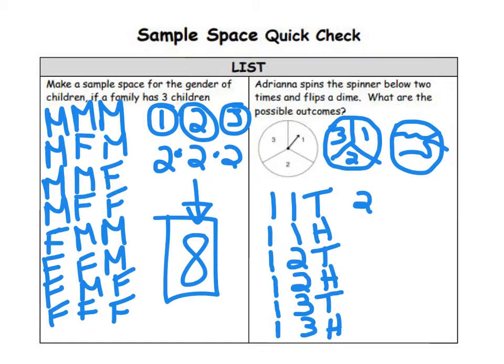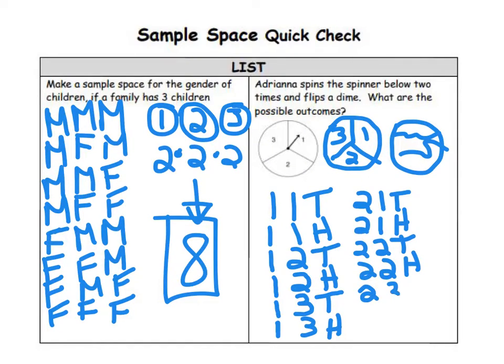So 2 lands on 1 the second time, and then it's tails. 2 lands on 1 the second time, and then it's heads. Now 2 lands on 2, then it's tails. 2 lands on 2, then it's heads. 2 lands on 3, then it's tails. 2 lands on 3, and it's heads. Do we see the pattern here?